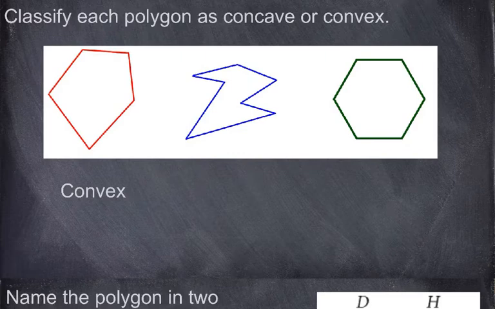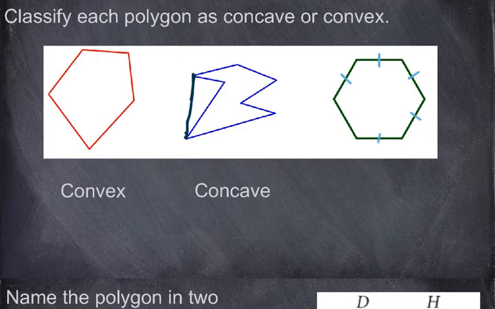The second one, the blue one, though, we see here that we actually can connect a segment on the outside of the polygon from one point to another. So in this case, this would be the opposite of convex, which is concave. Okay. Now this last one, we see that it's like the first one. It's convex, but if I were to actually put a couple markings here, okay.